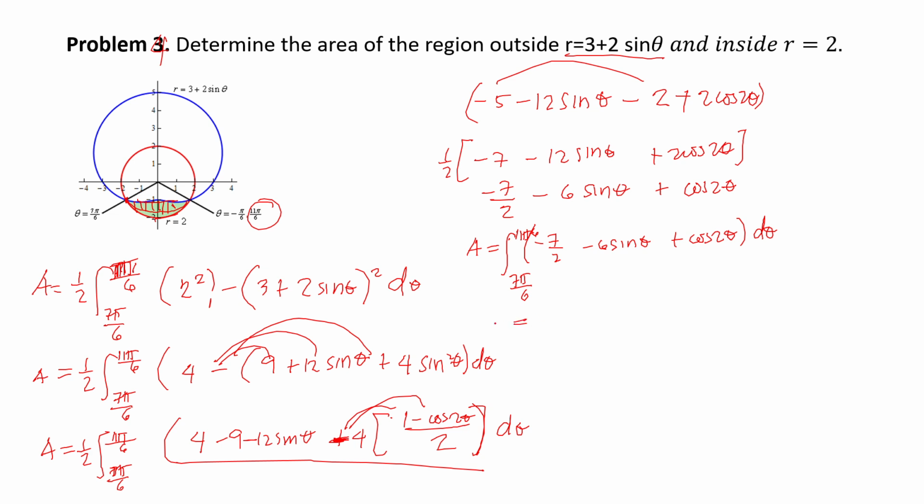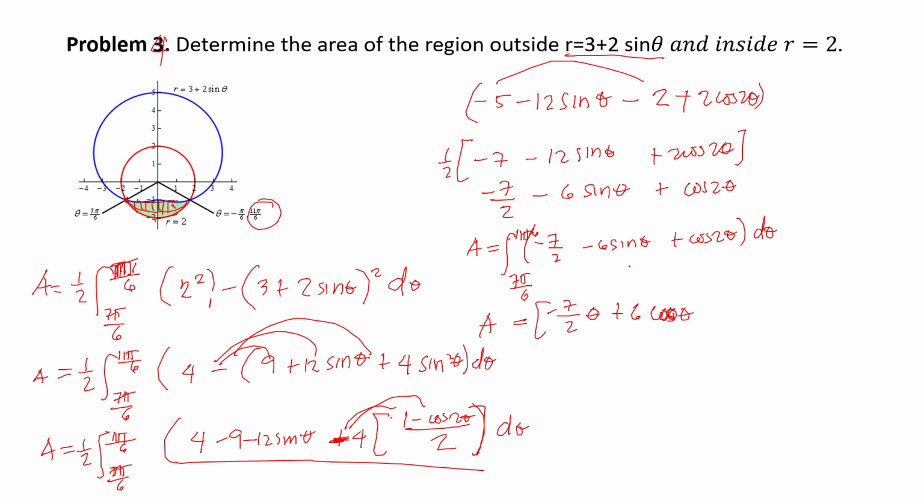So we have here area is equal to negative 7 over 2 theta, then the integral of sine theta, which will become 6 cos theta.